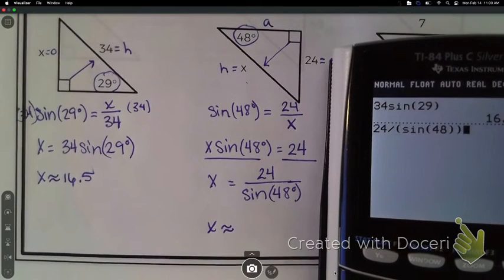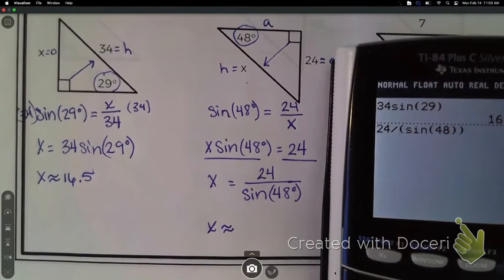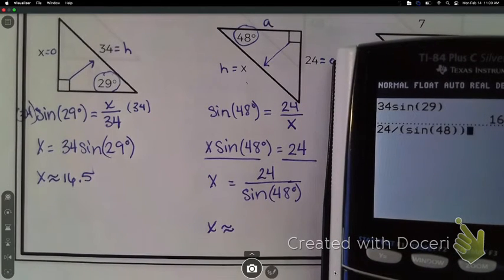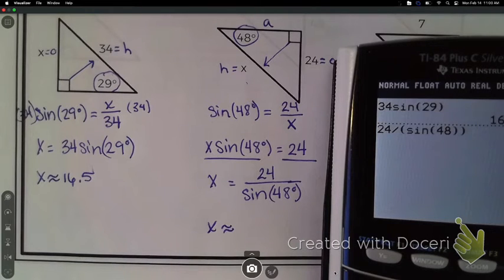Now, did you get yours to work? Try that. You need to put 24 divided by sine of 48. Do I click sine or put in 48? 48 sine, sorry.